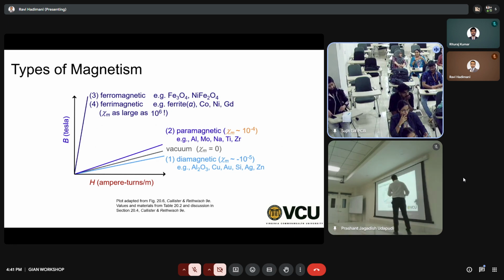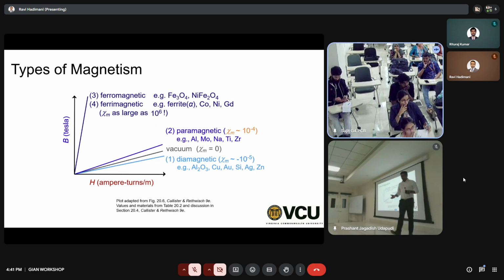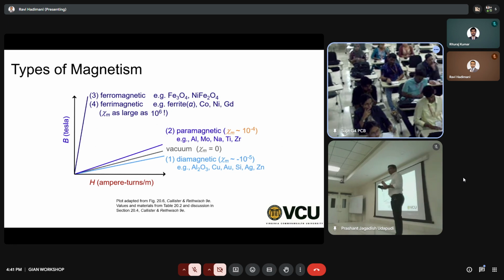That's a cool experiment. And then vacuum, of course, zero. So these are diamagnetic materials, and they repel the flux lines. But the repelling force is not that great, because the susceptibility is not a big parameter. And then there are paramagnetic materials whose magnetization or B increases, but marginally.